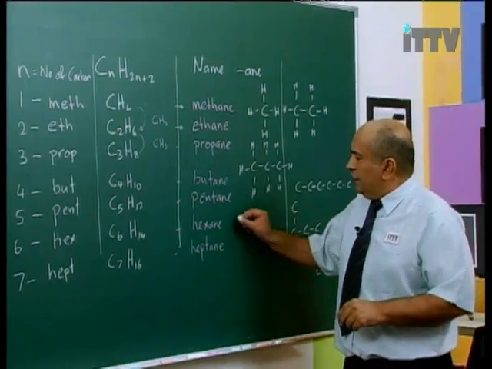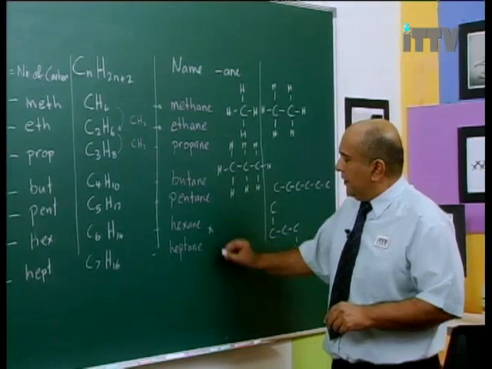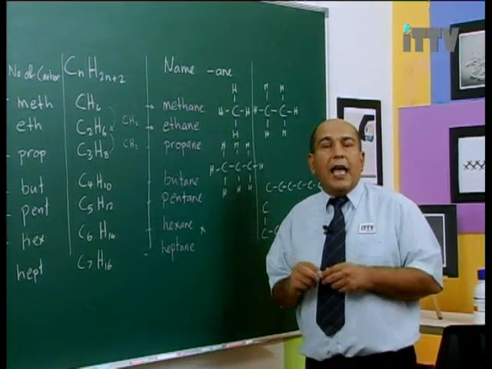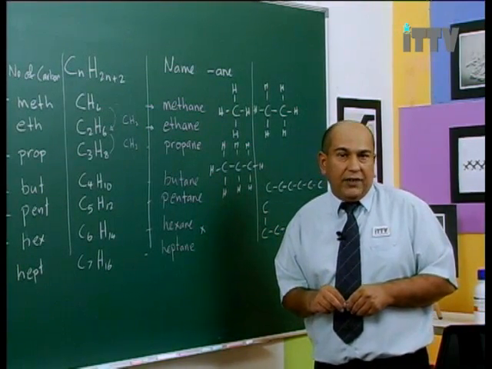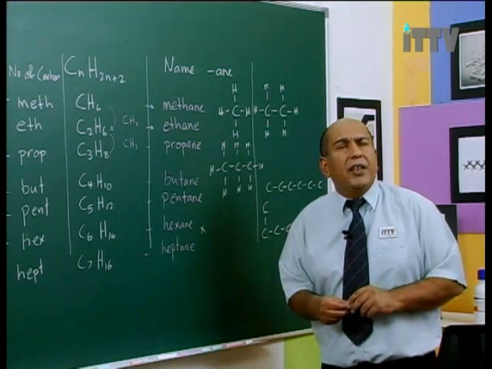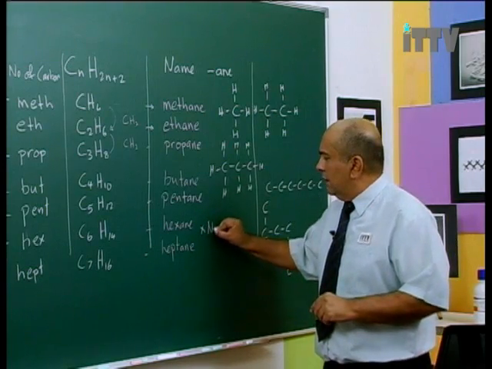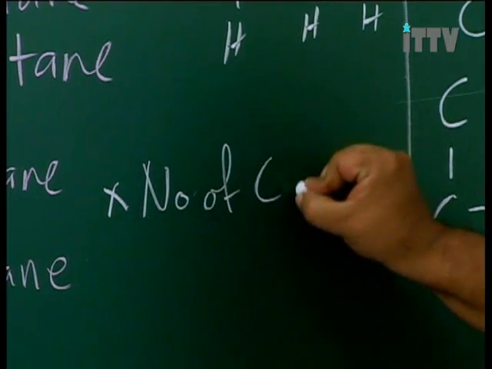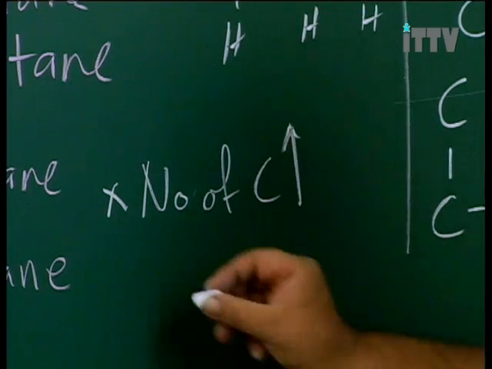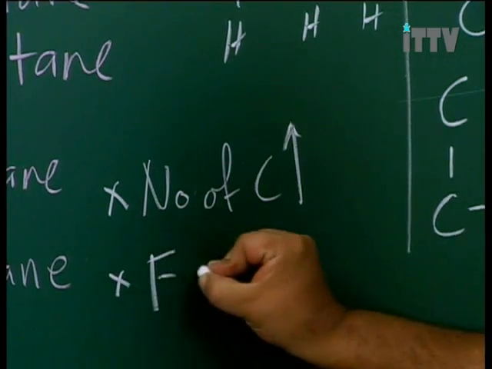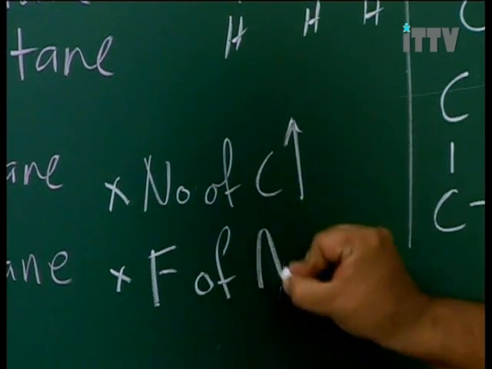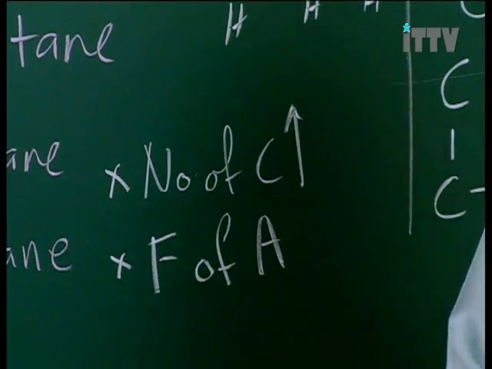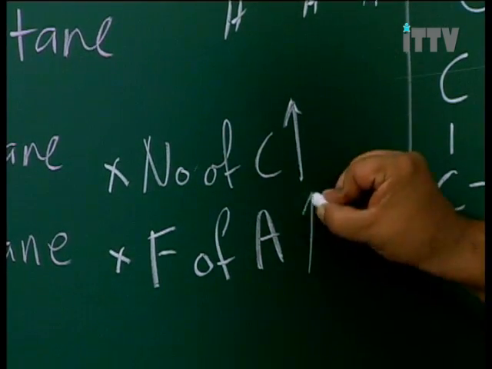So, let's use this space over here. Now, remember, we're looking at physical property increase. So, let's try to keep it as simple as possible. Number of carbon increase, F of A. This is just our short form for force of attraction increase.